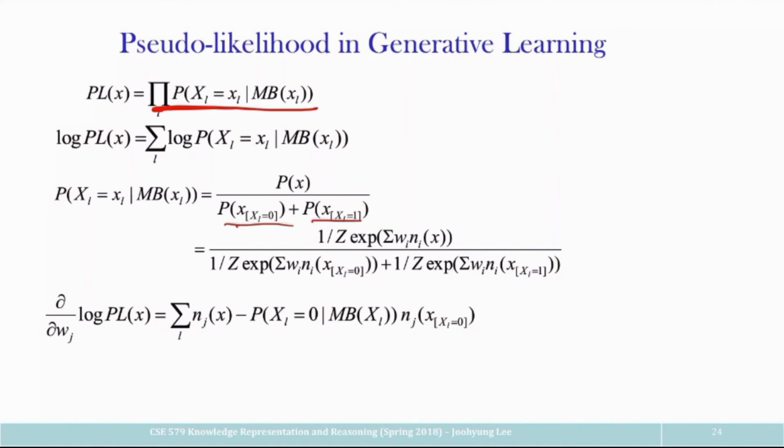I'm not going into the detail here. If you're interested, you can follow these things. Unfortunately, this method does not work well when the dependency chain goes long because it can't be easily covered by the Markov blanket. So the value becomes very distorted if you have more complex dependency.